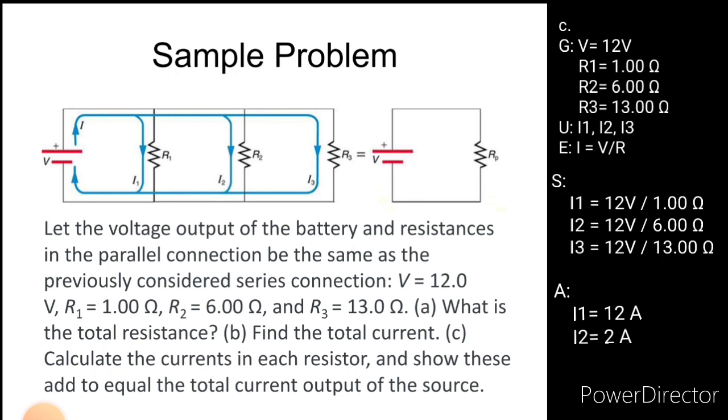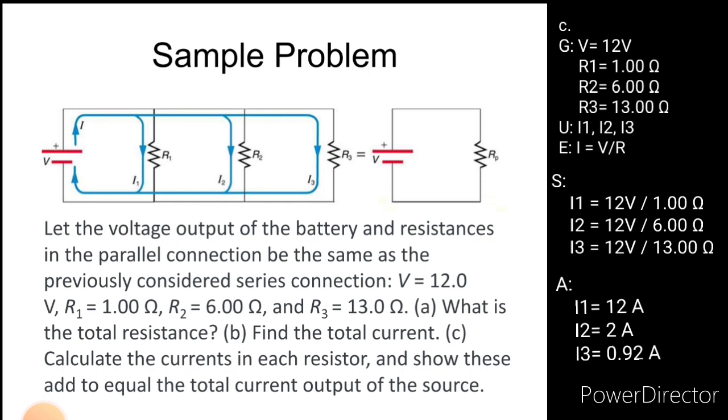So that would be 12 volts divided by 13 ohms, and that will give us 0.92 ampere. Now, kanina ang ating total current is 14.92 amperes.